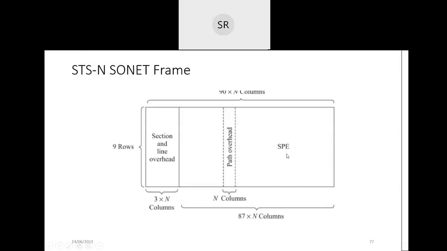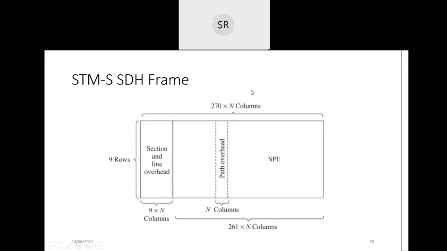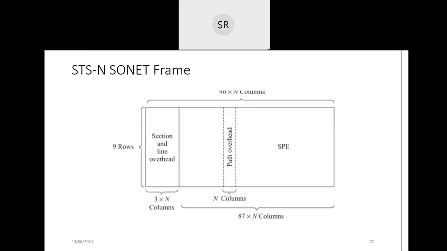We have 90 into N columns. That is the STS-N SONET format.